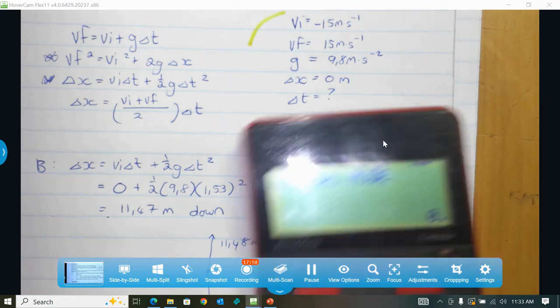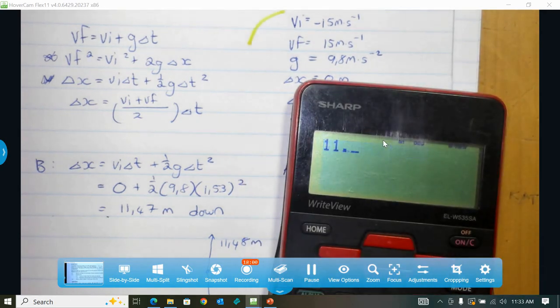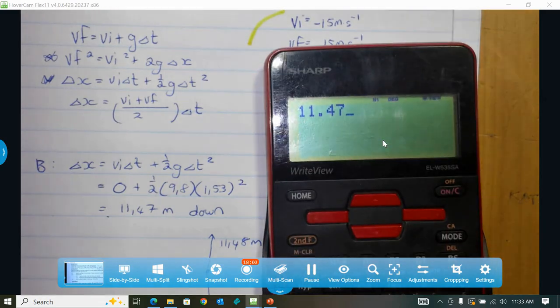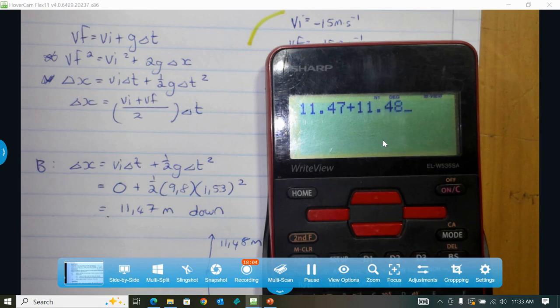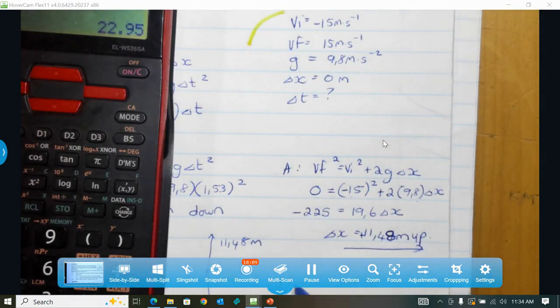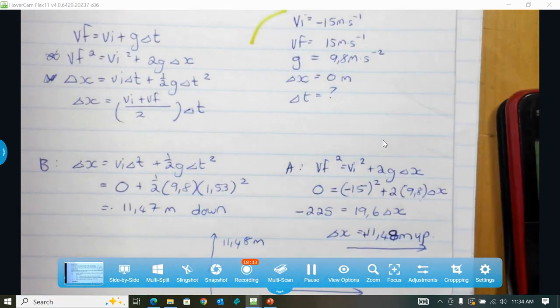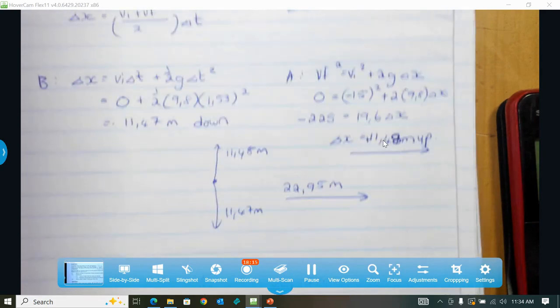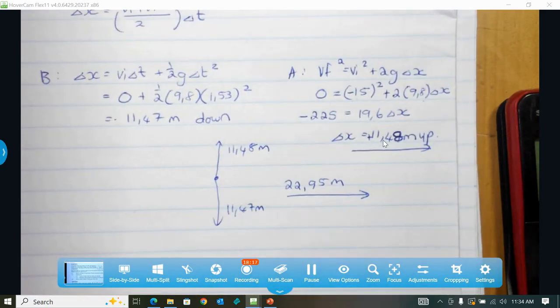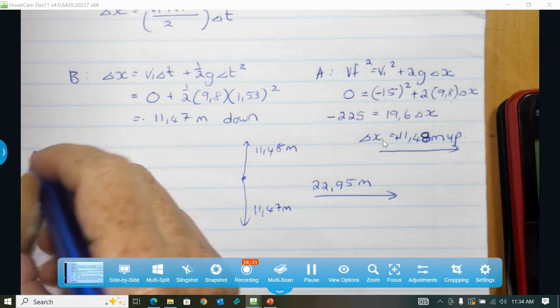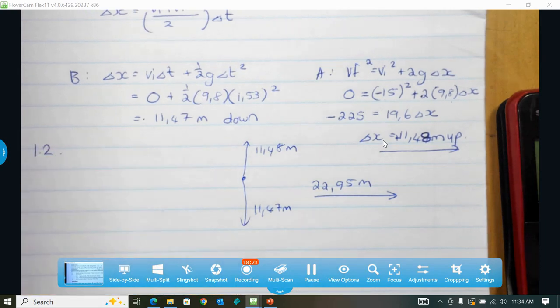So I'll have to go and add them. 11.47 plus 11.48. And the total distance between them is 22.95 meters, because I've added them. Okay, so this was now my answer for question 1.3.